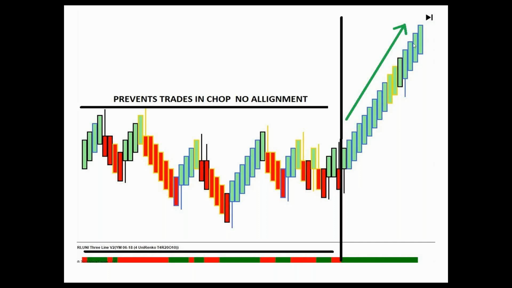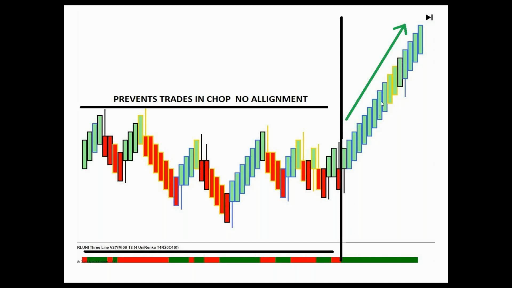Now, it's really important to separate this from what you see in 99.9% of other software, and that is they analyze price on the chart. So when price rises, their line goes green. This is just the opposite. This analysis comes from the higher time frames and ignores price action on the trading chart.